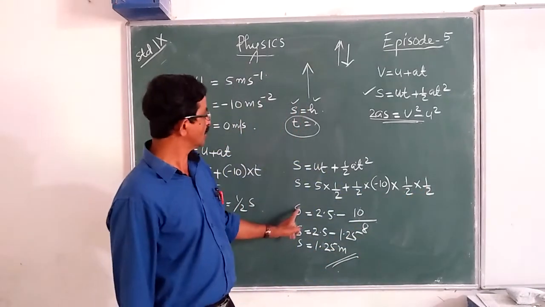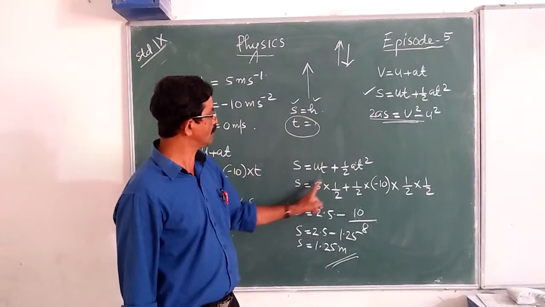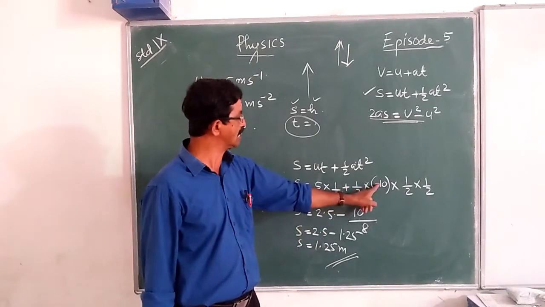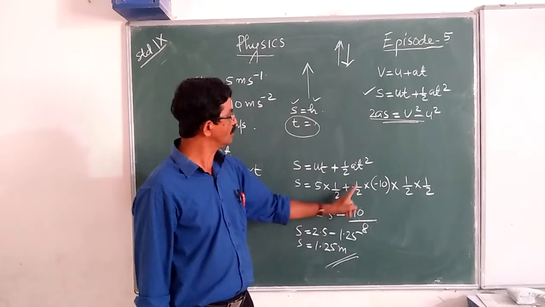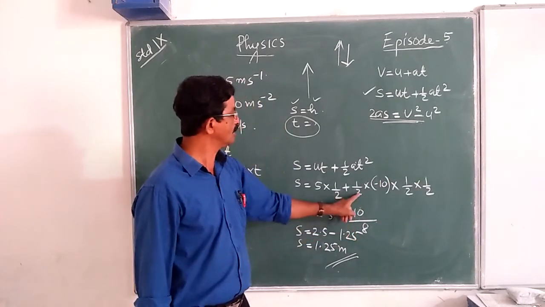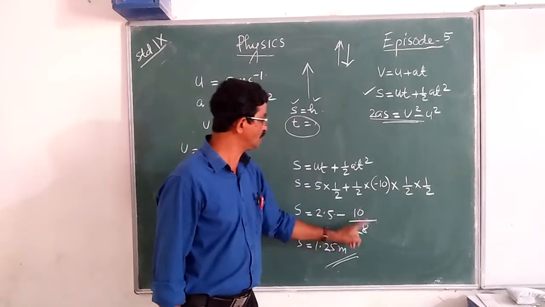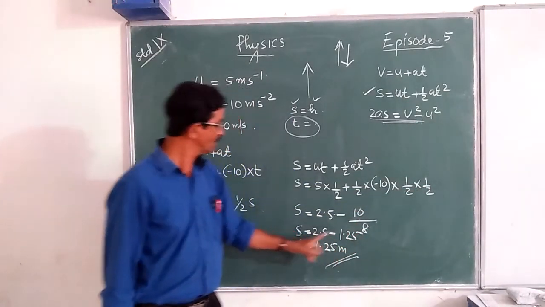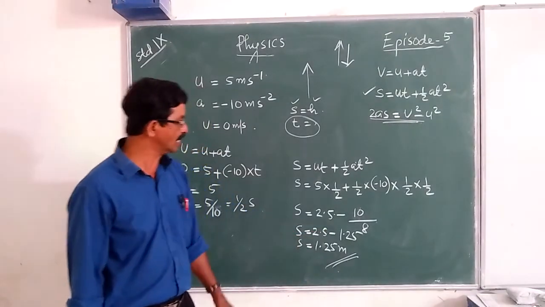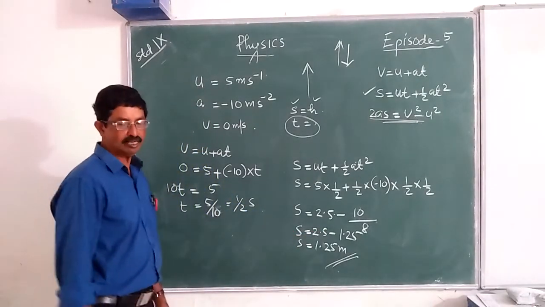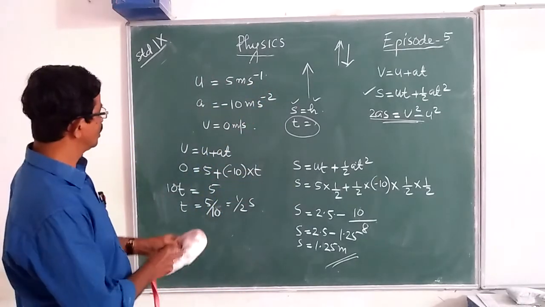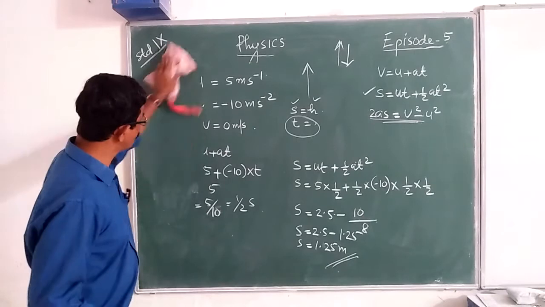Here 5 into 1 by 2, that is 5 divided by 2, is 2.5. And here plus into minus is minus, and 1 into 10 into 10 into 1, this we got as 10, and 2 into 4 into 8. 10 by 8 is 1.25. By subtracting, we got the answer 1.25 meter. These are the problems given in your text to solve.